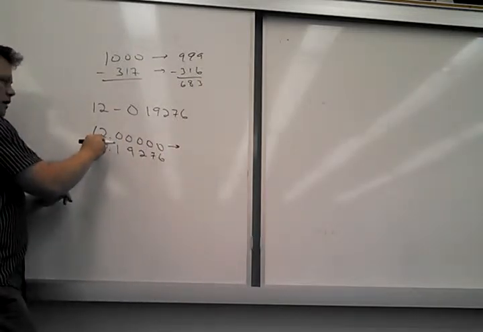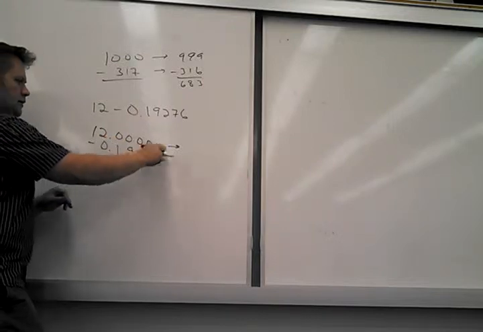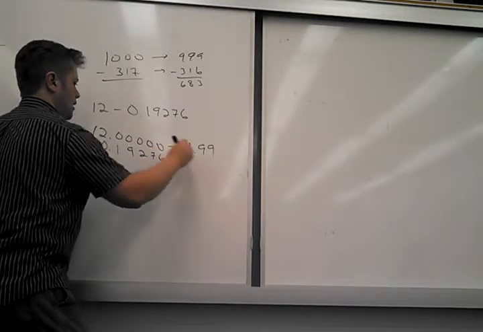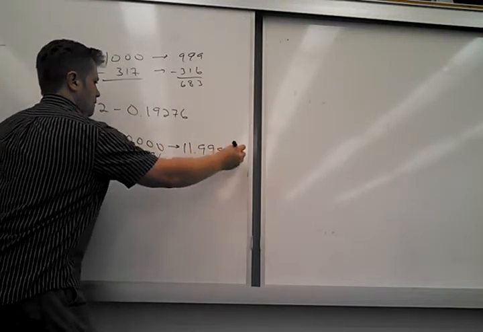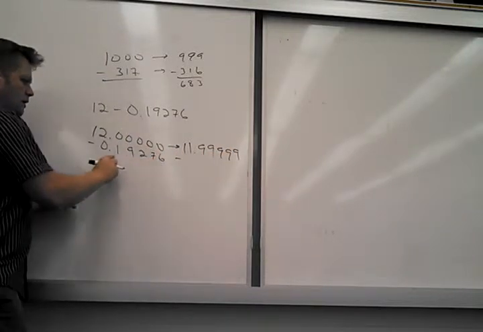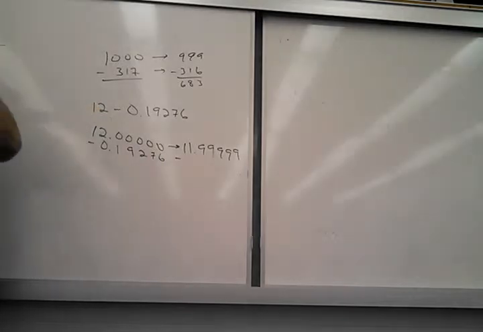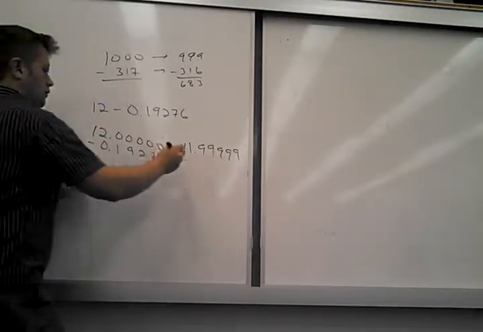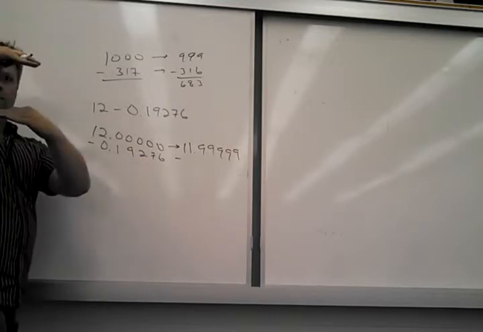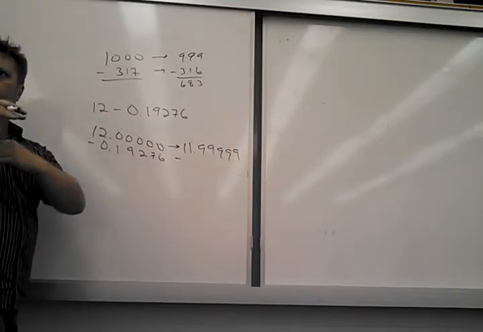It would be 11.99999. As long as I make this number become 0.19275. If I move them in the same direction, if one goes down, the other one's got to go down, so that they stay the same distance apart.